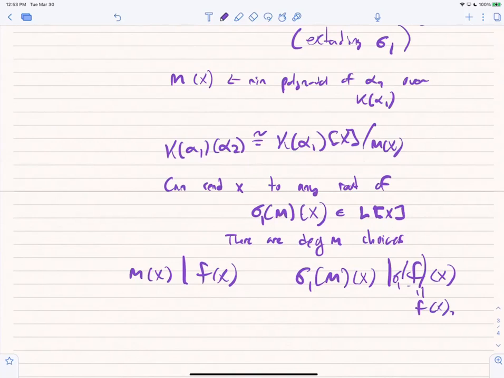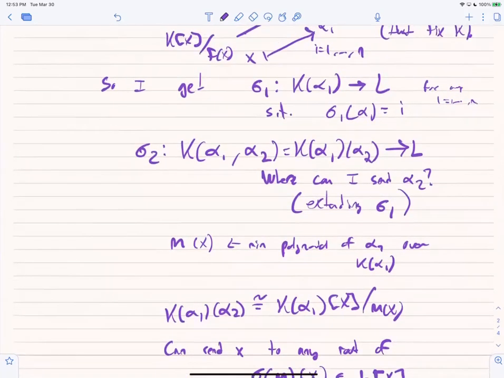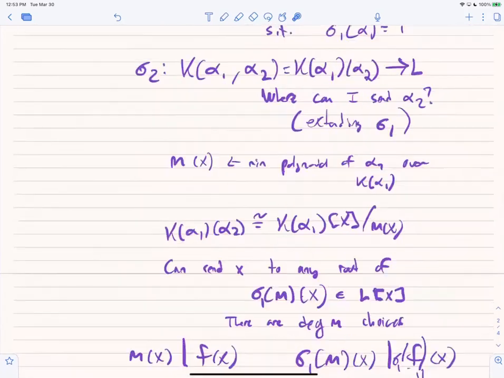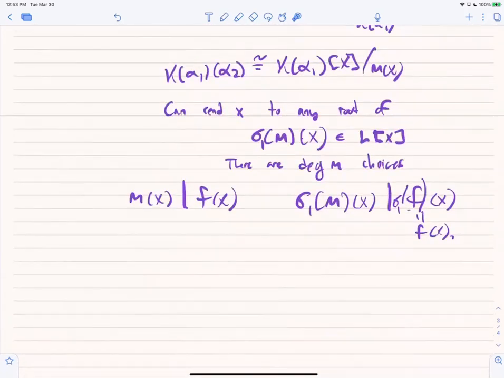Sorry, sigma 1 is not an automorphism, it's a map from K(alpha 1) to L, and it's the identity on K. So I can think of K as being a subfield, and it's the identity on K. That means it sends F of x to F of x still. So sigma 1 of M of x divides F of x.